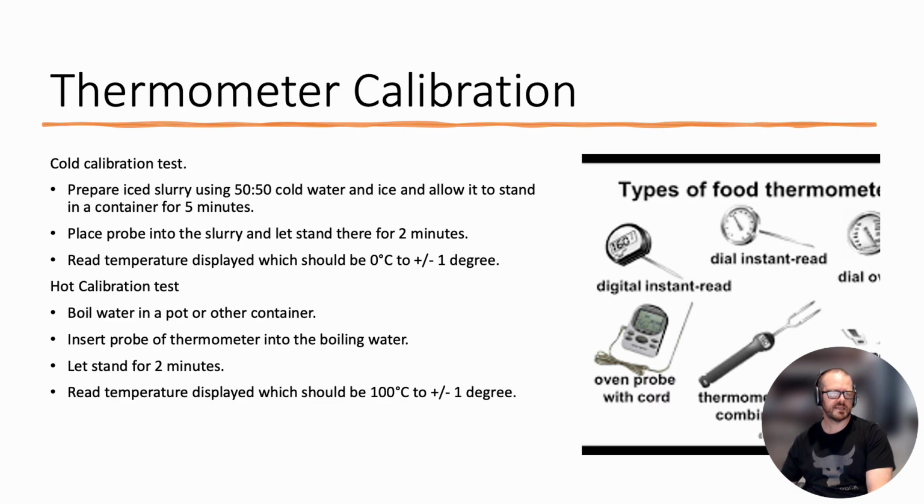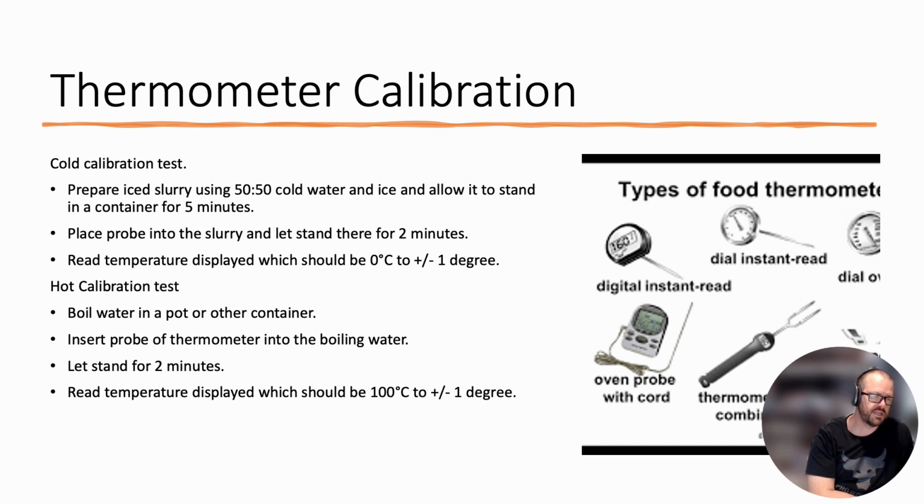Safe food handling. A couple of points on thermometer calibration here. There's two types of tests that we can do to calibrate a thermometer. There's the cold calibration and the hot calibration. The cold calibration is where you create an ice bath, using 50-50 cold water and ice, allow it to stand for about 5 minutes, and then get the probe into the slurry and let it sit there for a minute or two.